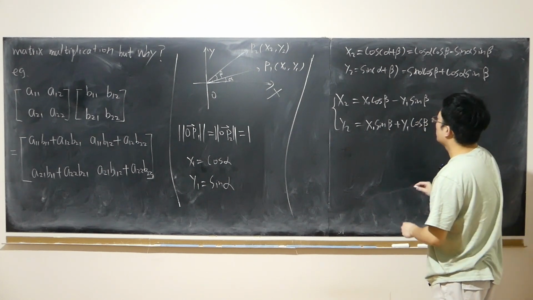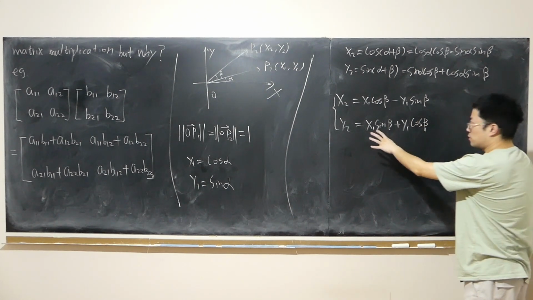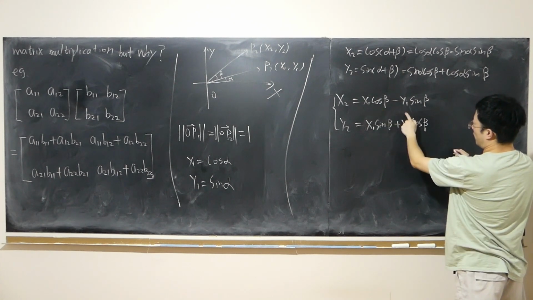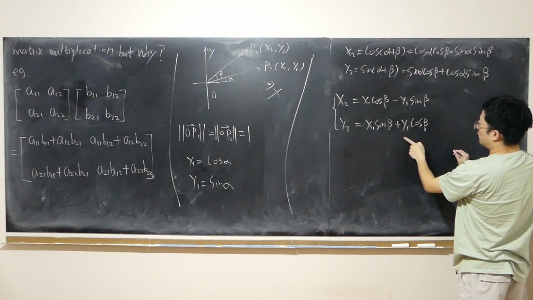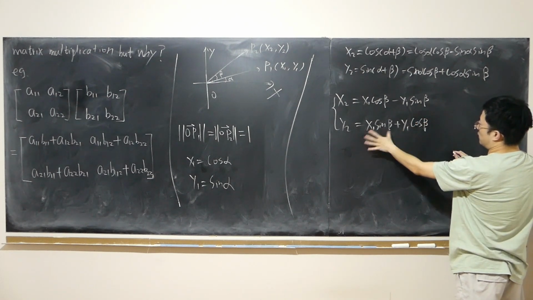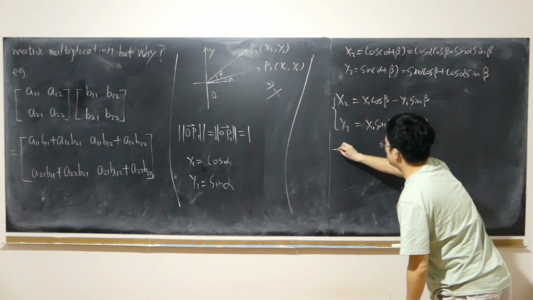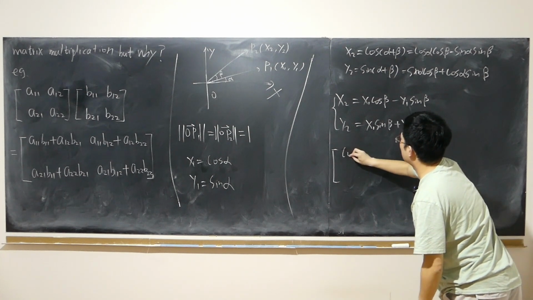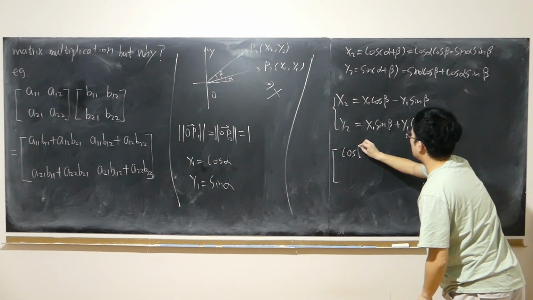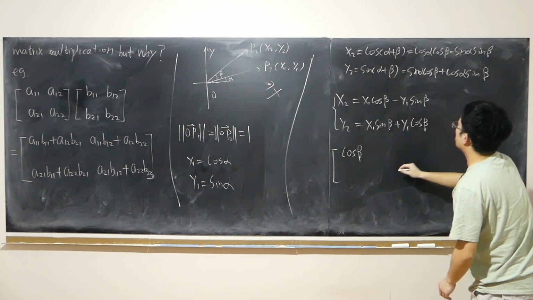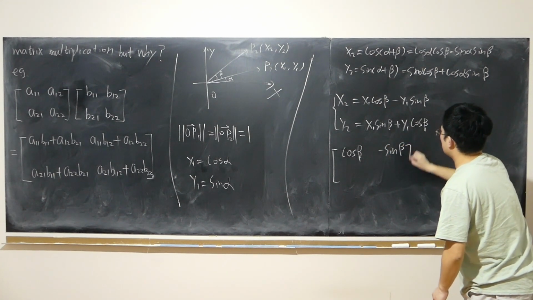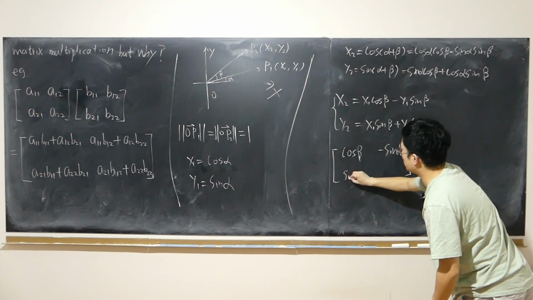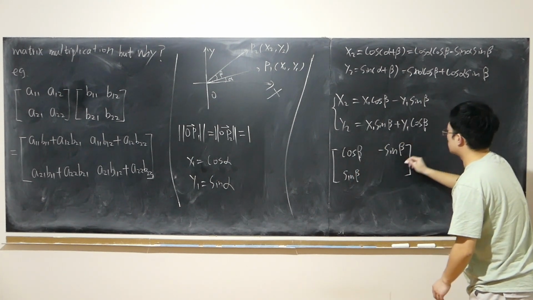So let's now just focus on the coefficients of x and y: cosine beta, negative sine beta, sine beta, cosine beta. Let's put the coefficients in a table, called a matrix: cosine beta, negative sine beta, sine beta, and cosine beta.